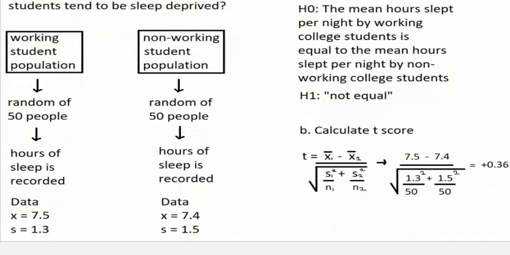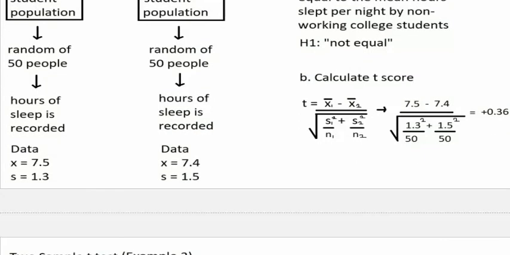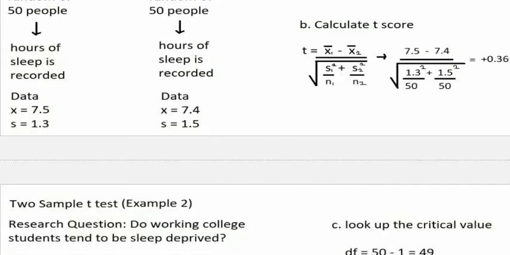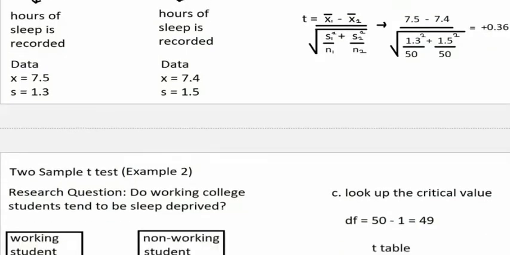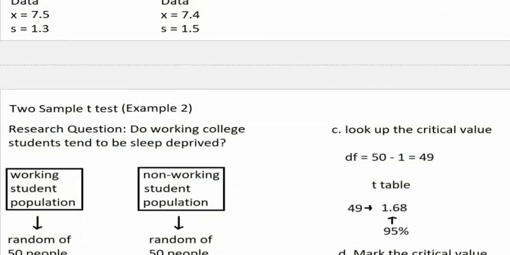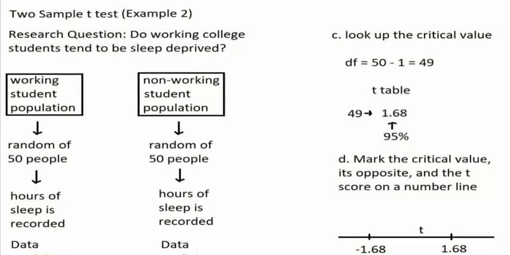And now let's calculate our t-score using the same steps. So now we have a t-score of 0.36. And now we just go to our t-table and we look up our critical value.